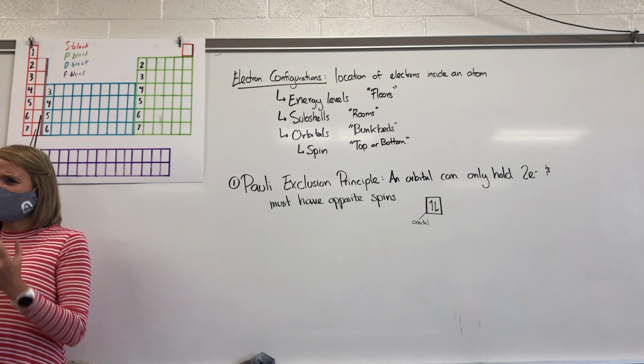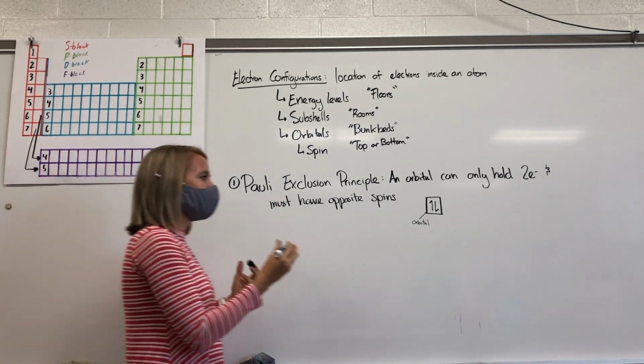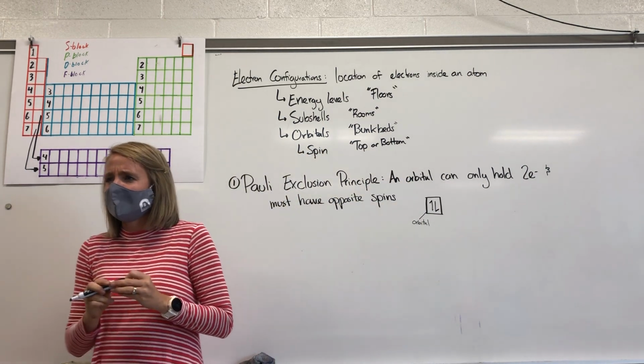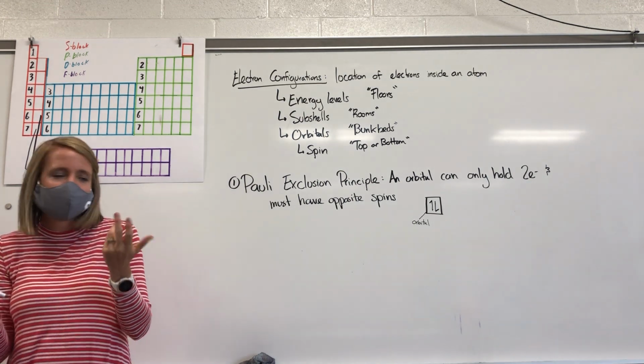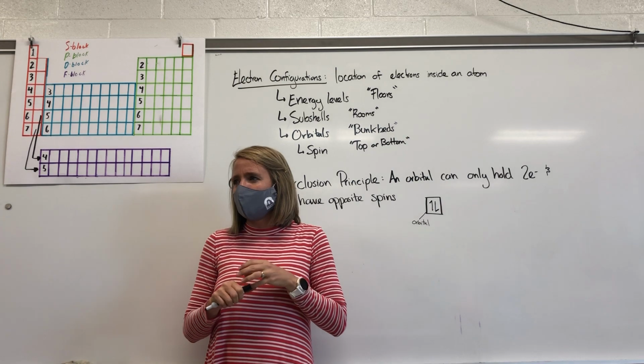Half arrow meaning they only have one side of it. Technically, you could draw them as full arrows. We sometimes do that in general chemistry because for some reason people get really freaked out by half arrows. But the most correct way to do it is with half arrows.